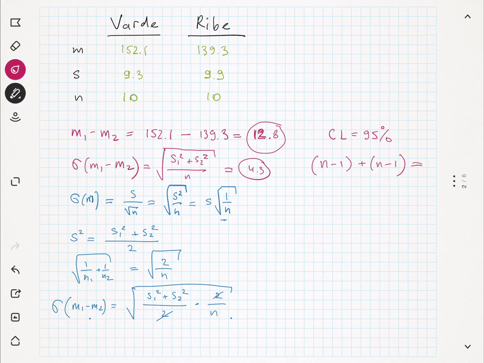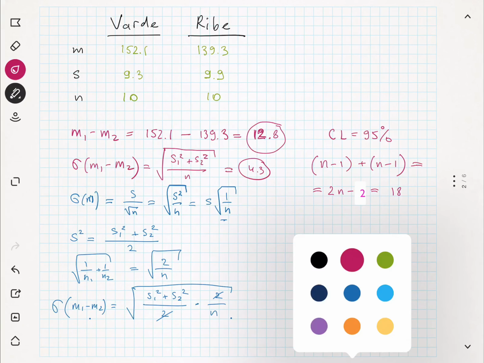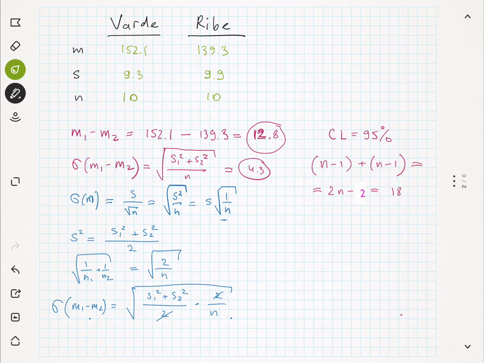So it gives us 2n minus 2, or 18 degrees of freedom. Now we can calculate the t value for 0.975 and 18 degrees of freedom. I will use the ICDF function, qt, with 0.975 and 18. And this is 2.1.